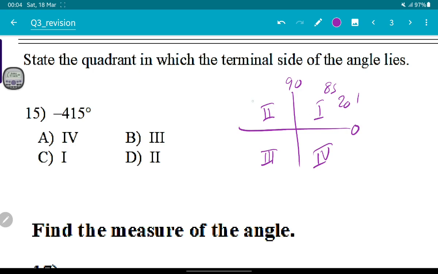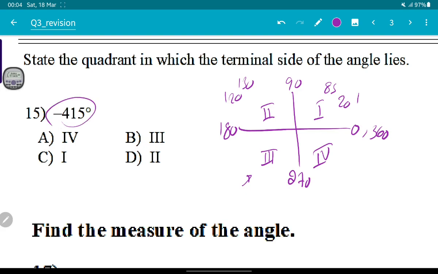More than 90, when you go over 90, you have to be before 180. This is the second quadrant, for example 120, 130, and so on. The third is more than 180 and less than 270. The fourth quadrant will be from 270 to 360.